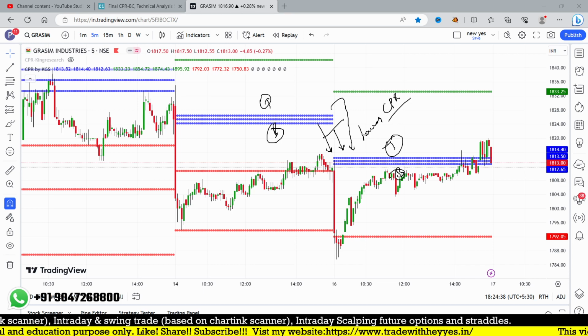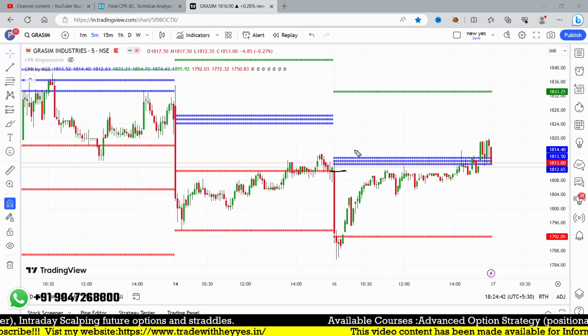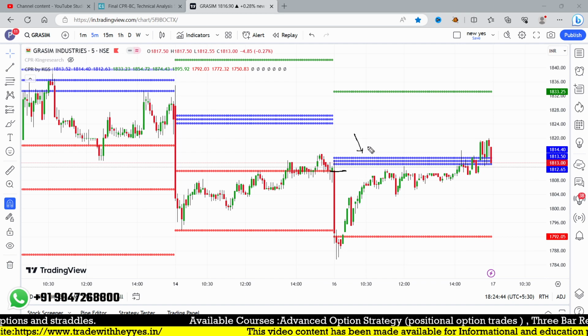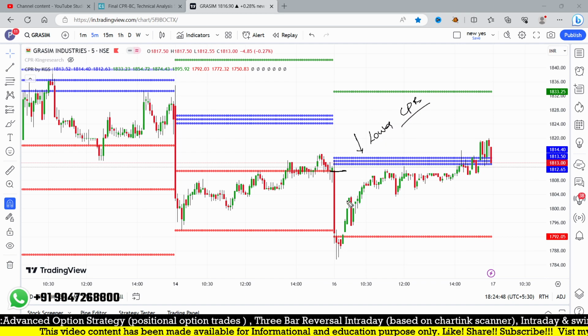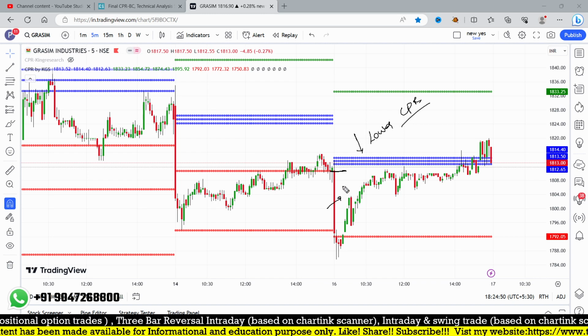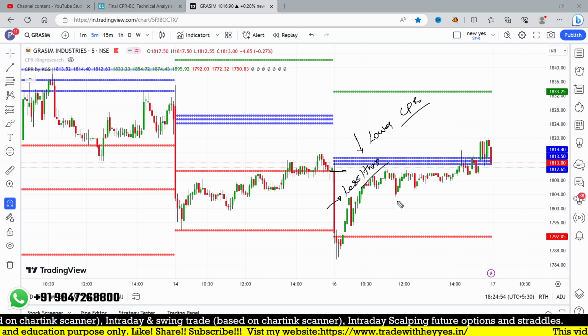The second condition I'm looking for is that the next day opens below the lower CPR, meaning today's open price is less than the previous day's.